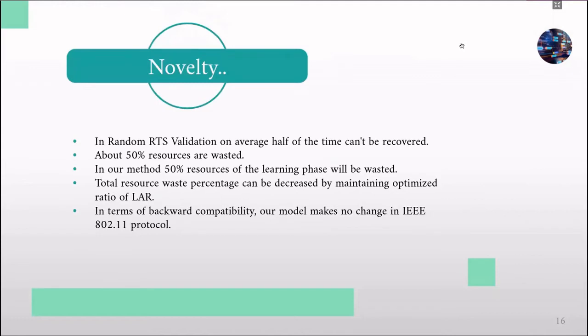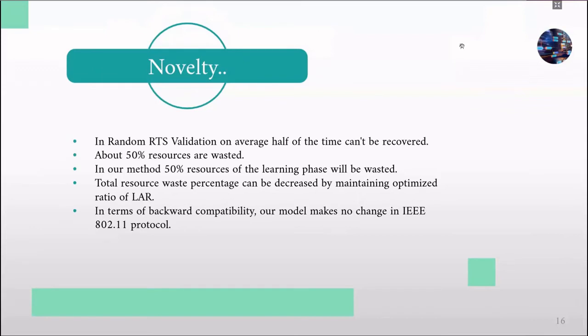Now, we will see the novelty of our learning-based approach. In random RTS validation, on average, half of the time cannot be recovered as about 50% of resources are wasted. In our method, 50% of resources of the learning phase will be wasted only.